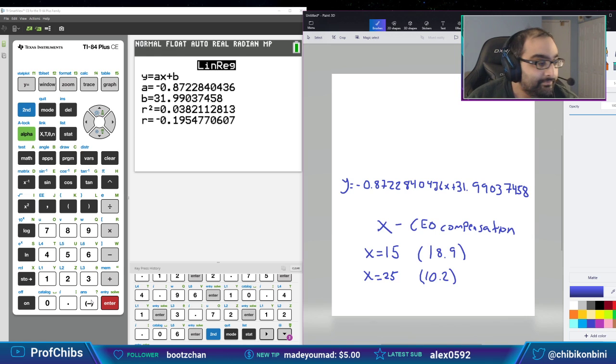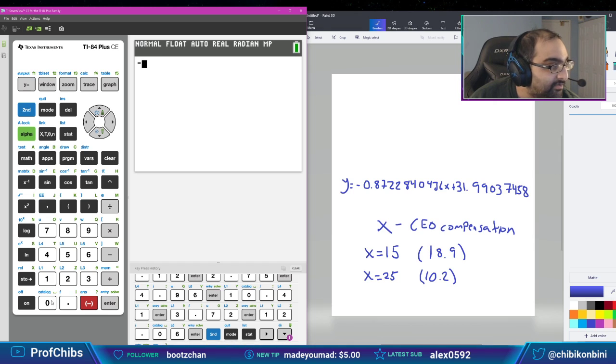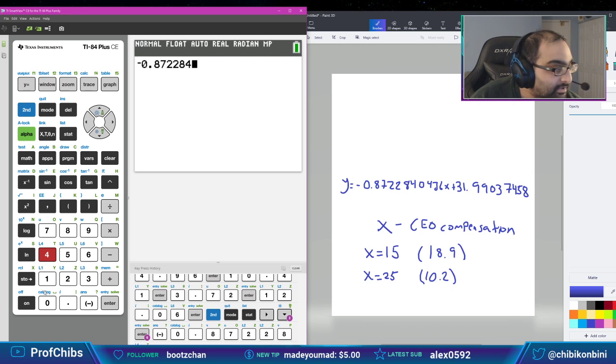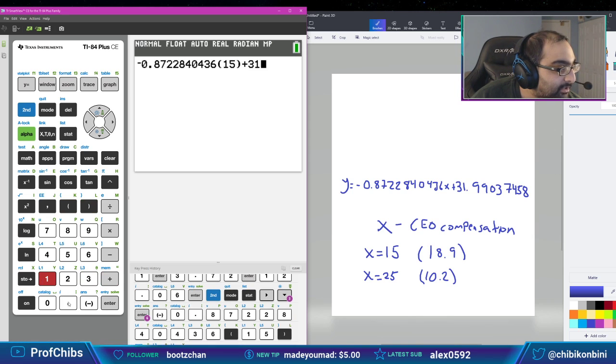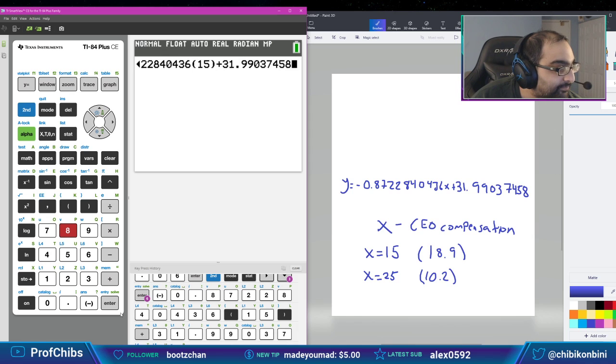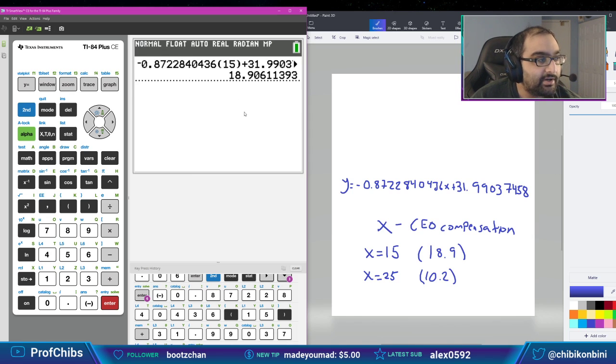I'll show you what I did on my calculator. I did negative 0.87722840436 times 15 plus 31.99037458, and that's where I got the 18.9 from.